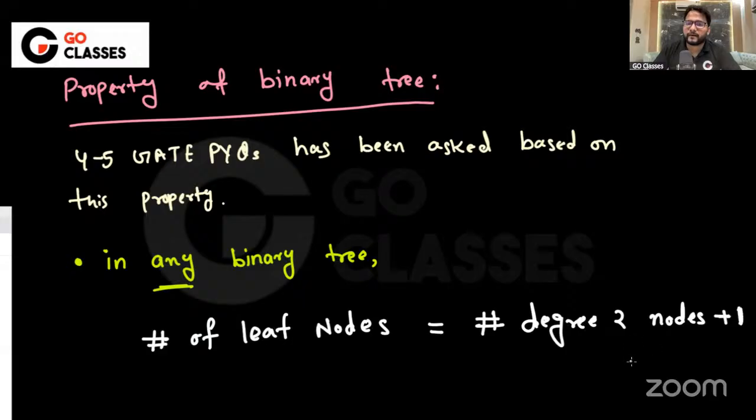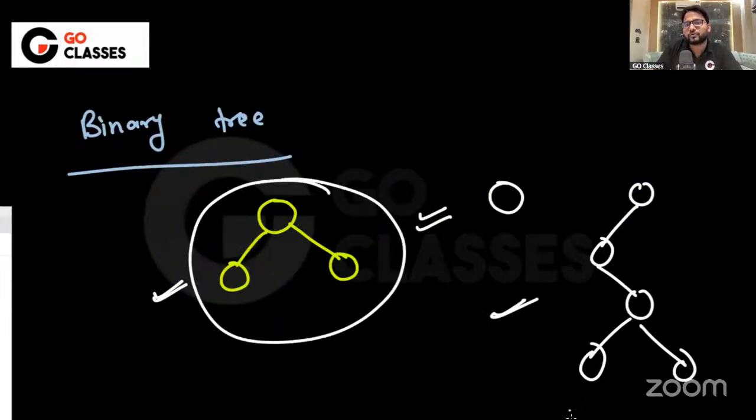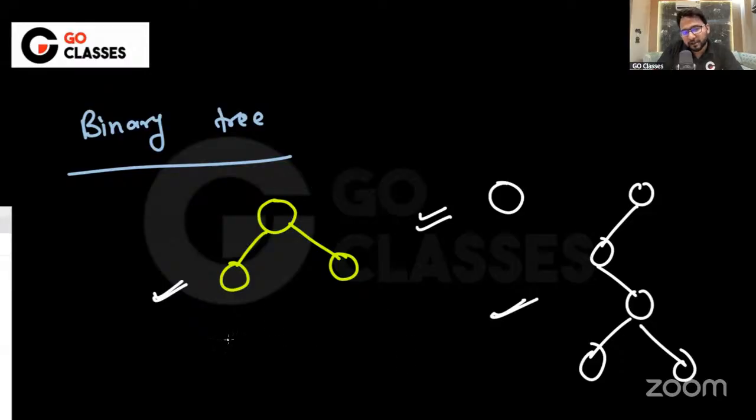This is the property. Let me explain what this means. See, if I give you this binary tree, can you tell me how many leaf nodes there are in it? Let's represent the leaf nodes by L. I think two, right? How many degree two nodes are there?